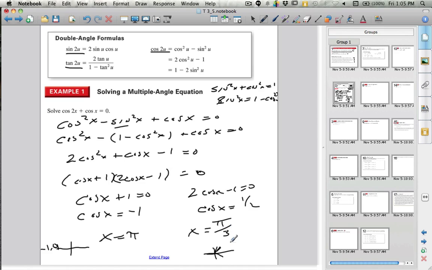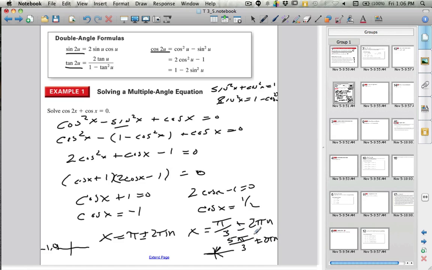And then down here would be 5 pi over 3. And of course they're going to be plus and minus 2 pi n. So that accounts for all the coterminal angles to these.